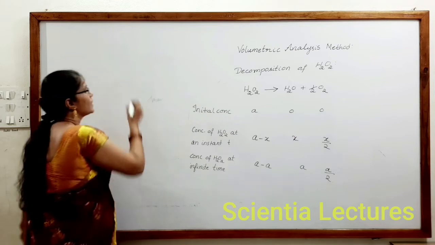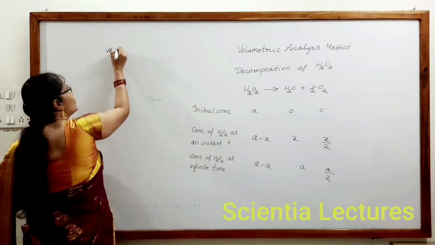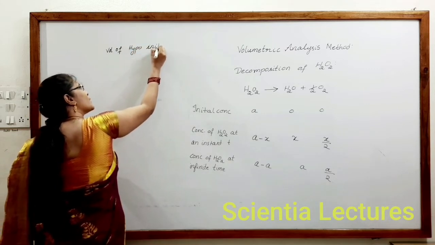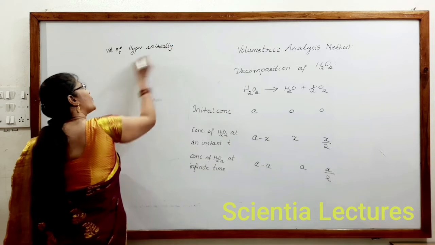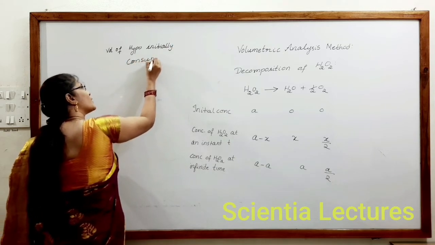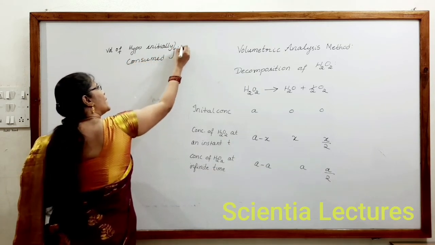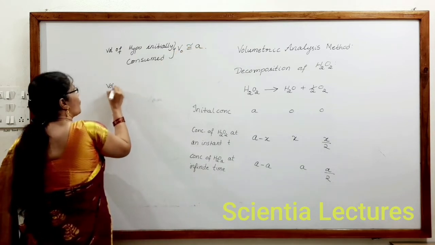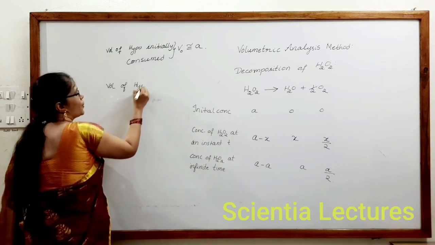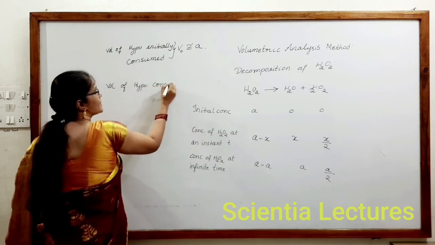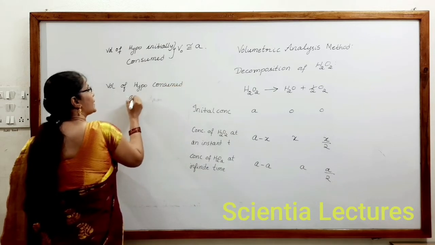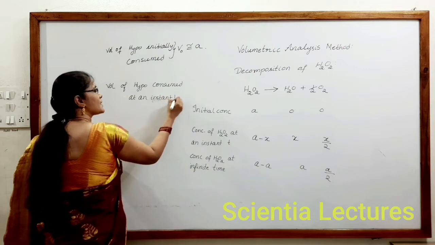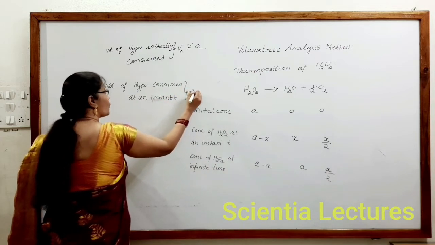So what will be the volume of hypo initially consumed? Volume of hypo initially consumed, V0, must be equivalent to A. Similarly, volume of hypo consumed at an instant T must be equal to Vt.